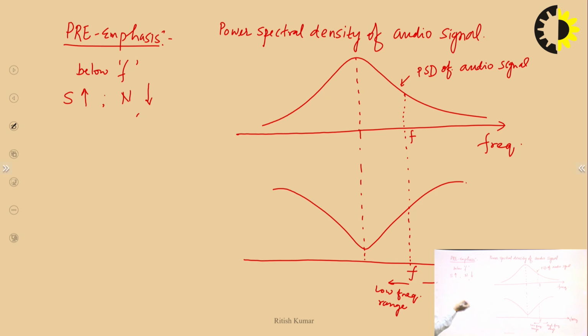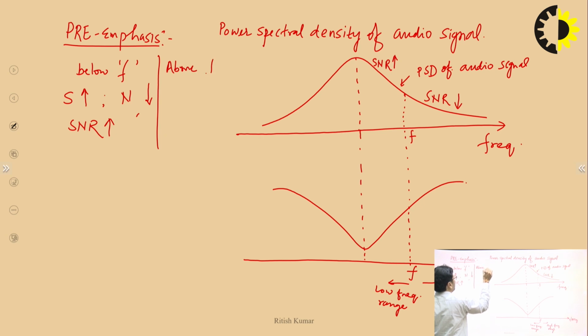So we can say below f the SNR is high, while above f the SNR is low. Above f, signal strength is decreasing, noise power is increasing, and SNR is getting poor.